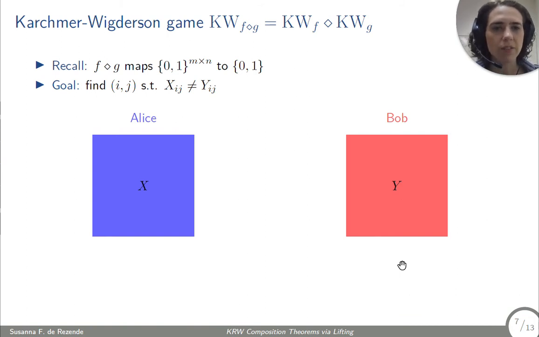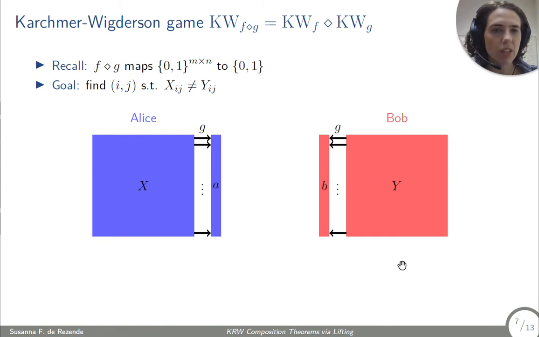And their goal is to find an entry in this matrix where their inputs differ. One way of solving this is that they can apply G to each row of their matrix. Thus, they obtain two vectors. Alice obtains A, Bob obtains B, and they know that if they apply F to these vectors, Alice will get a 1 and Bob will get a 0. So they can simulate the KW game on F in order to find a position on these vectors that is different.